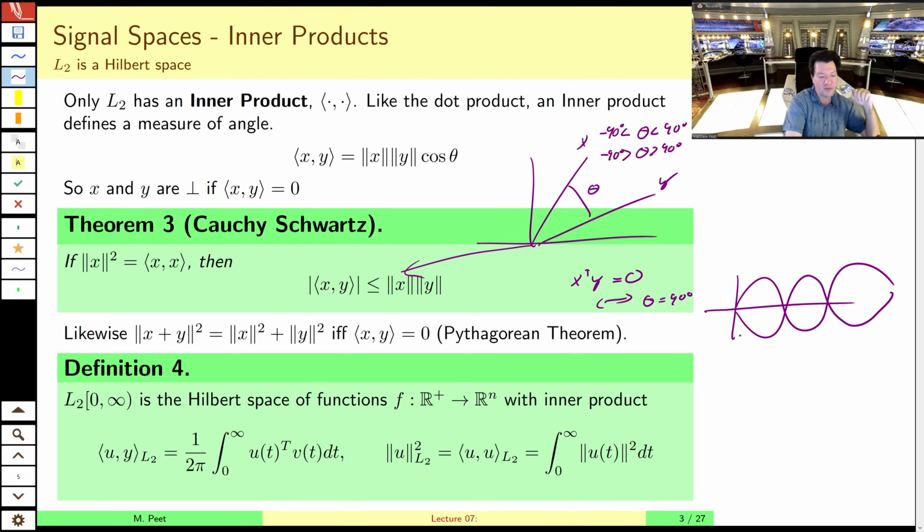You could think of them as phase then. If they're completely out of phase, that's an angle. If they're completely in phase, that's an angle, 0 degrees. If they're 90 degrees out of phase, we say they're perpendicular. This is theta equals 180 degrees.